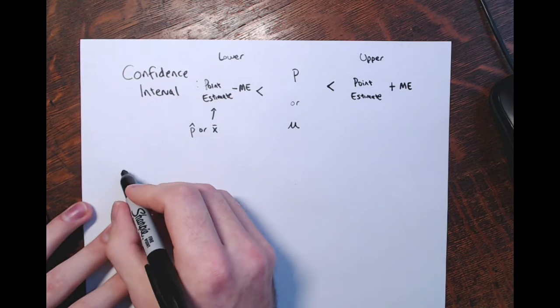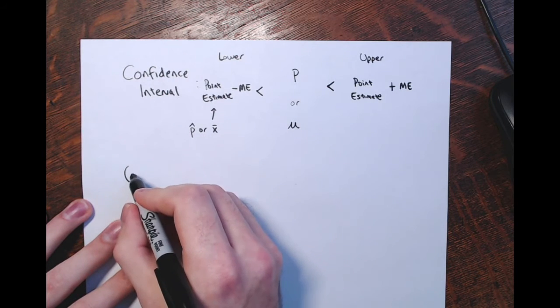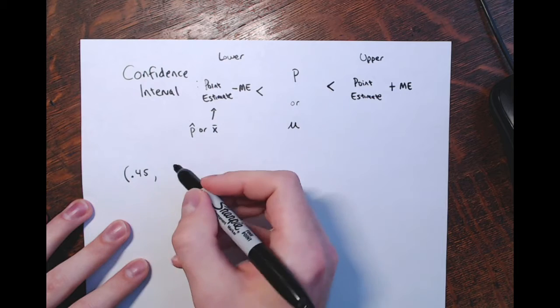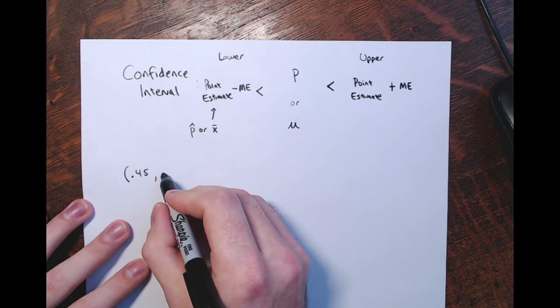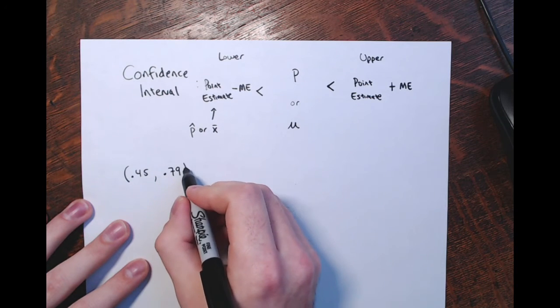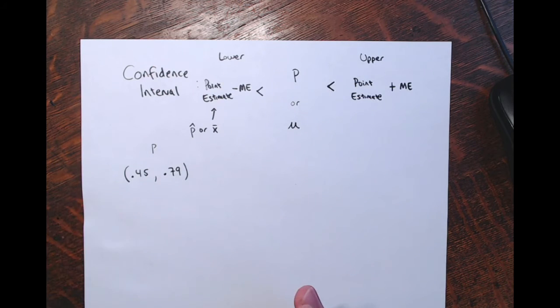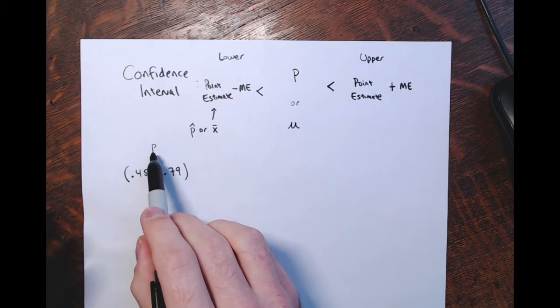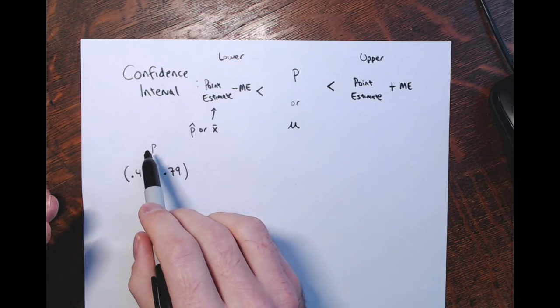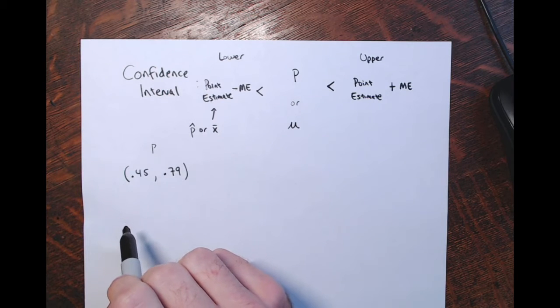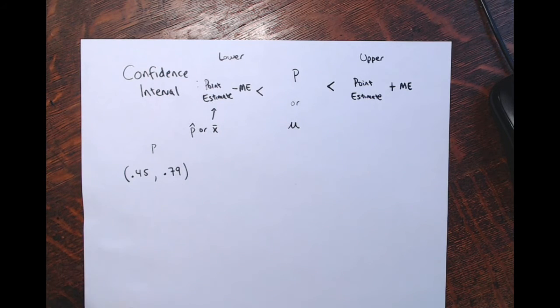In our particular example, they're giving us a confidence interval for p: lower bound 0.45, upper bound 0.79. So we're reasonably confident the population proportion is between 45 and 79%.